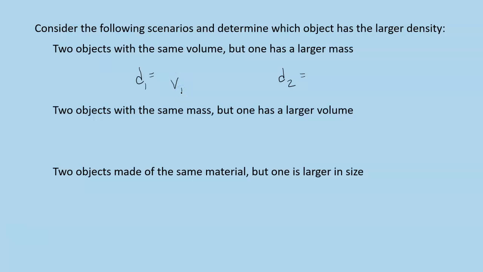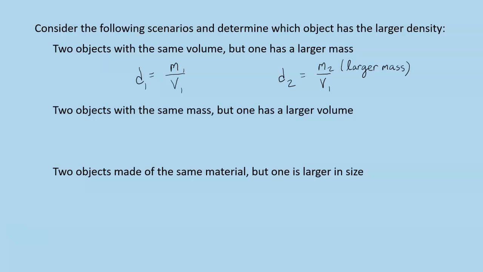So whatever the densities of 1 and 2 are, those volumes are identical. But one has a larger mass. So let's say that density 2 has a larger mass compared to density 1.